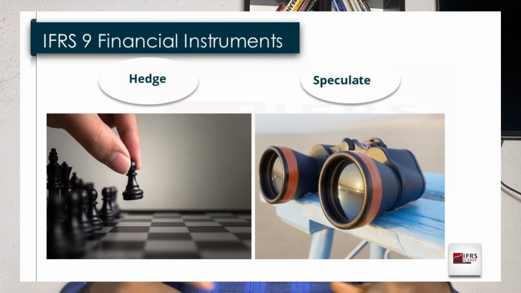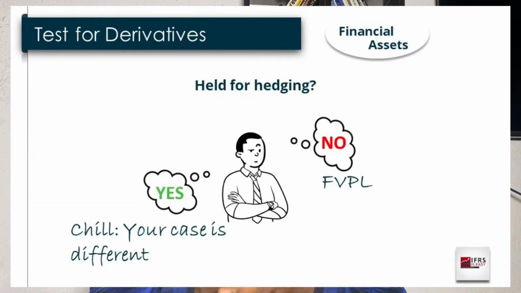And as a result, there are even criteria that are expected to be met, such as hedge effectiveness and so on, before you can say you want to classify your derivatives under hedge accounting. So that leads us to how we classify and measure our derivatives. So the question we'll be asking is, this derivative that you're holding, are you holding it to hedge against a risk?